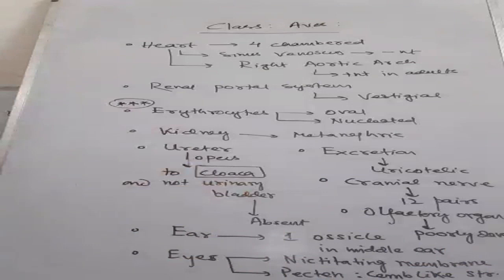So we are going to study fertilization and how the females will be, what is the largest feather that they have, and what is the protein molecule that the feather is made up of. That is going to be our concluding points for the class Aves, and we will conclude the class after that.